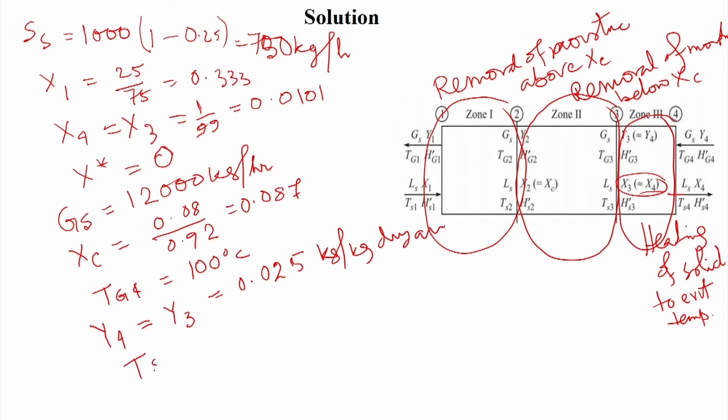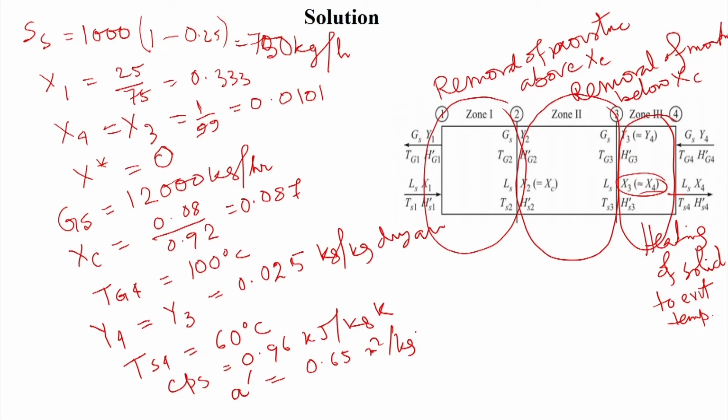T s 4 is 60 degree Celsius, C p s is 0.96 kilojoule per kg Kelvin, A prime, the specific area, is 0.65 meter square per kg, and the mass transfer coefficient K y is 150 kg per meter square hour. These are the parameters given in this problem.